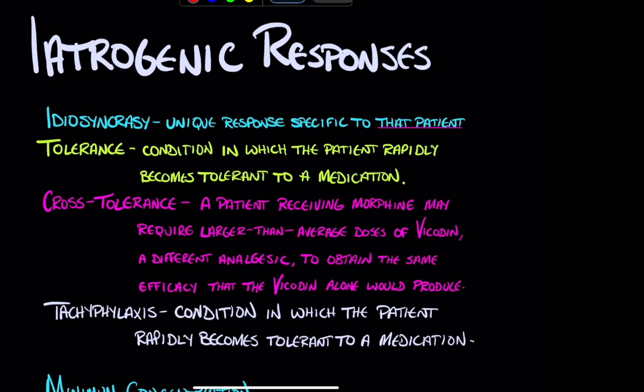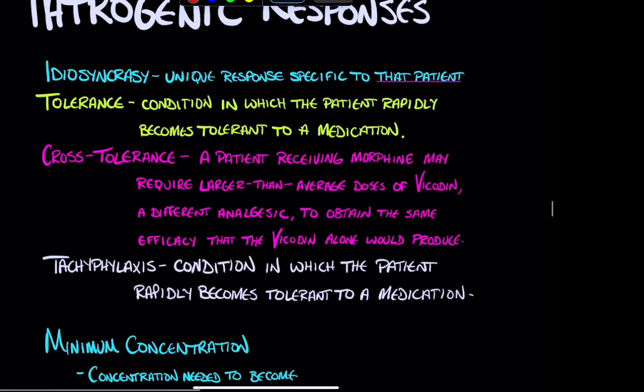Terminology is tolerance. It's a condition where the patient becomes resistant to a medication, or is basically having to take more and more to have the same effect. Cross tolerance. This is a unique situation. A big one is with opiates. We see this all the time.